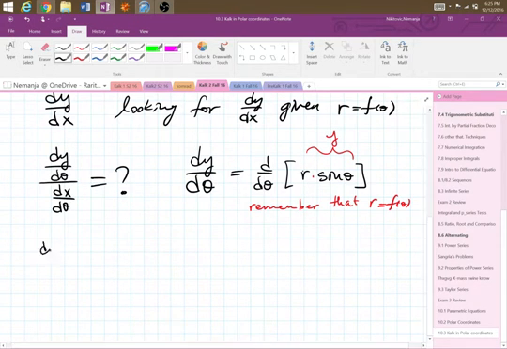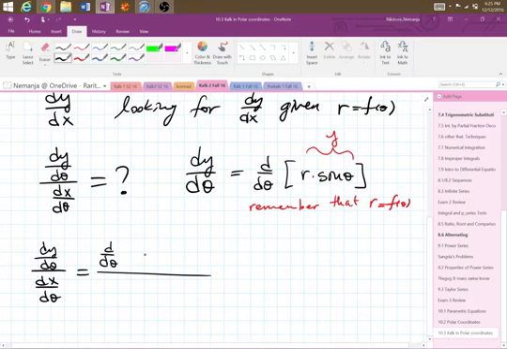So dy d theta over dx d theta is equal to the derivative of r times sine theta divided by the derivative of r times cosine theta.